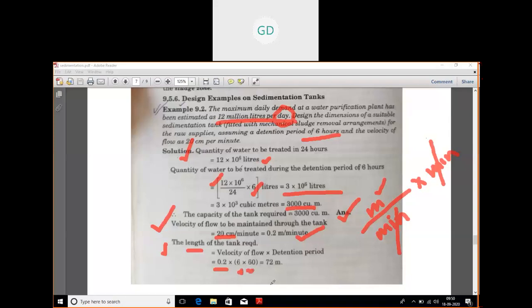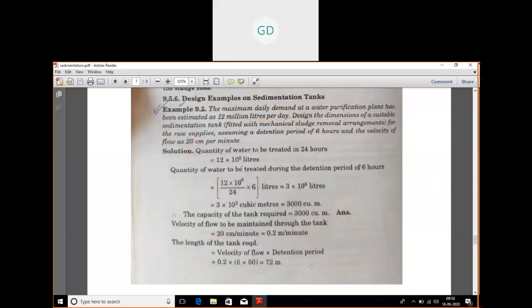Then we get 72 meter. We got the length as 72 meter.